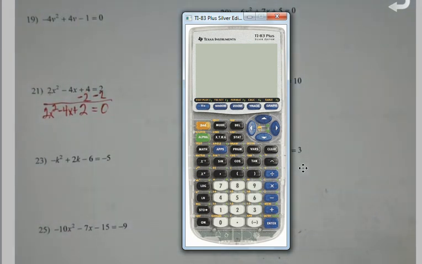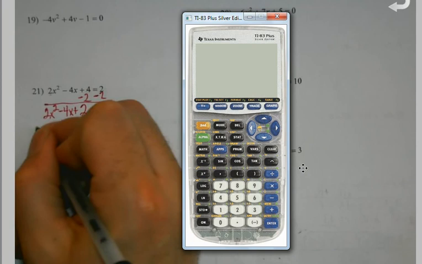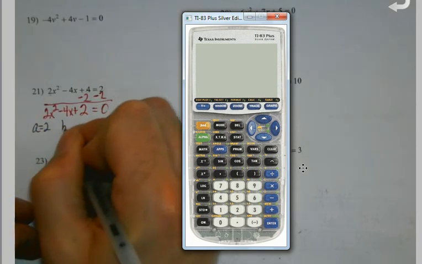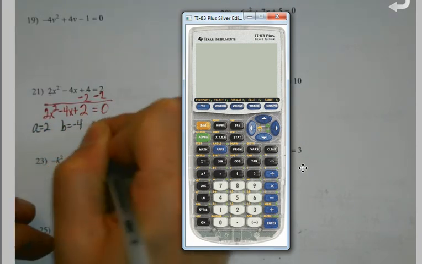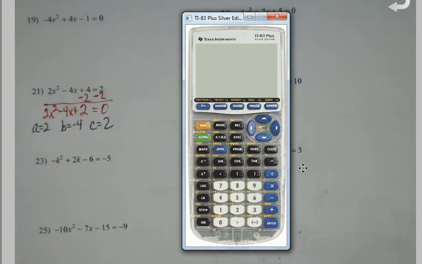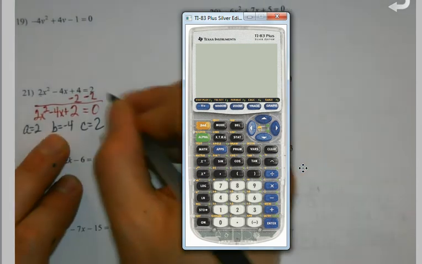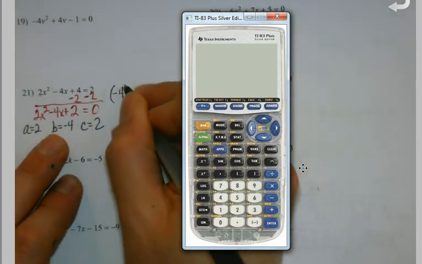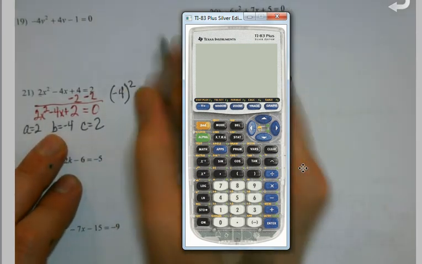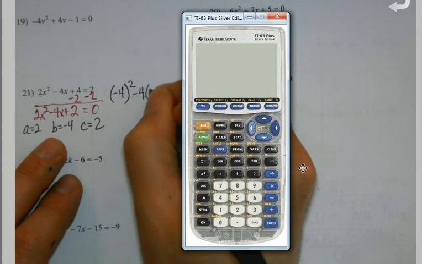And once I get it to equal 0, now I can do what I need to do. And once I have that, again, the formula right up above at the start of the section, b squared minus 4ac.